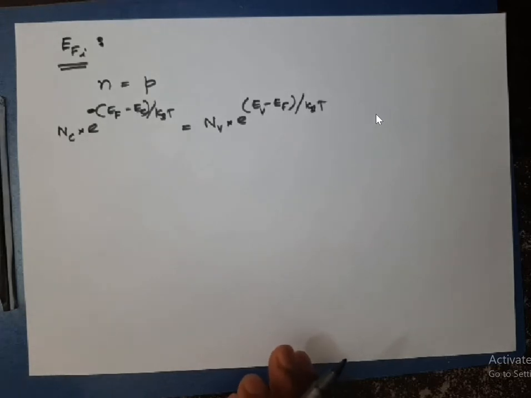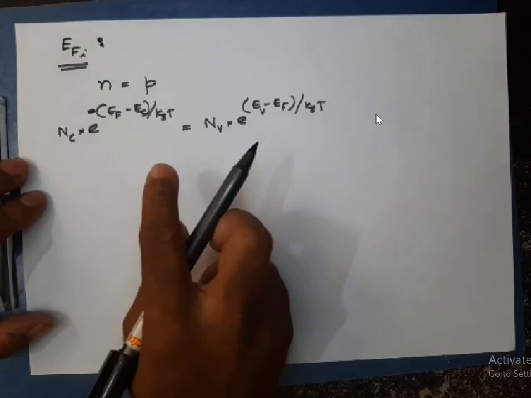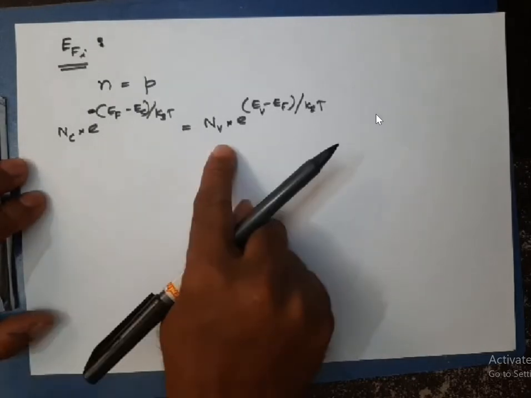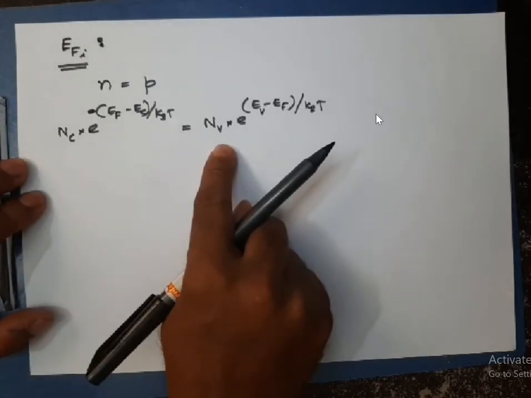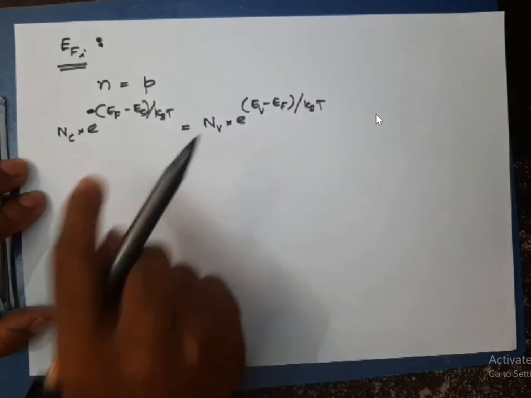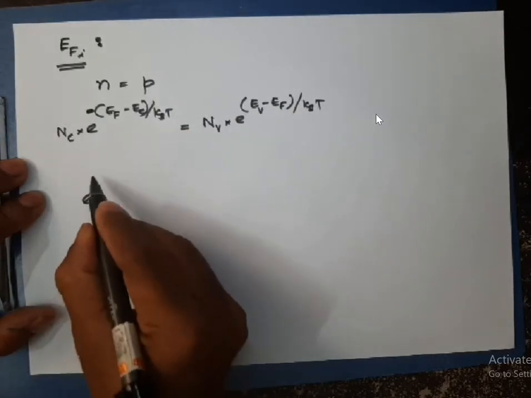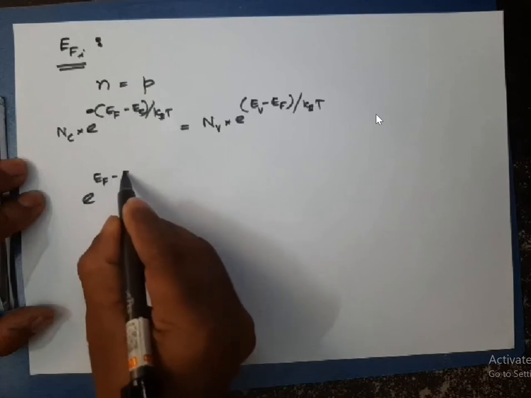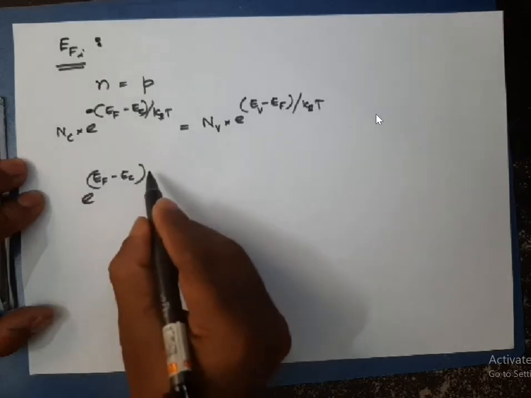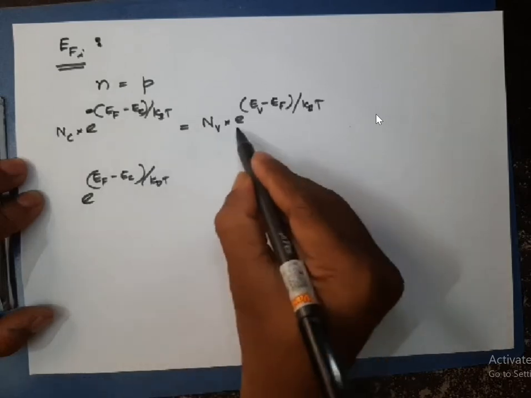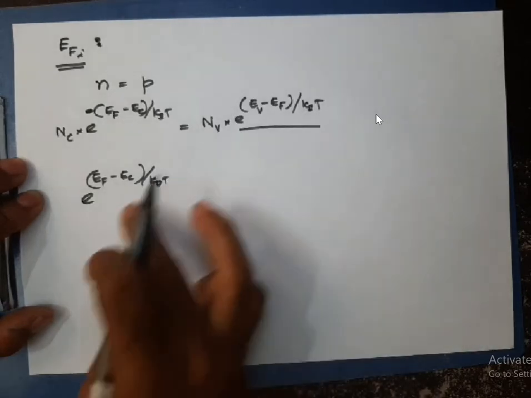Now how to calculate the intrinsic Fermi energy? I'll bring this Nc to this side, and I'll bring this one to the left hand side. I'll keep this one as e power (EF minus EC) by kBT, and the other term comes to the denominator.